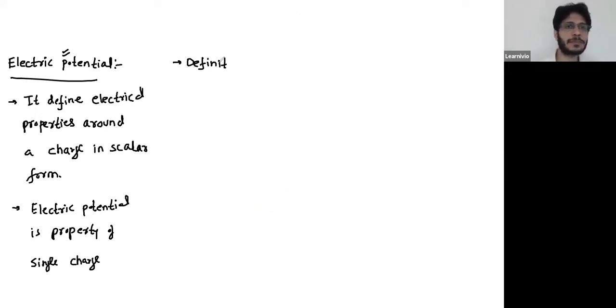The next is the exact mathematical definition of potential. So you have a charge Q, and you're supposed to calculate potential at P due to this charge. To calculate potential at P, we consider a reference point which is infinity. We take a test charge q.